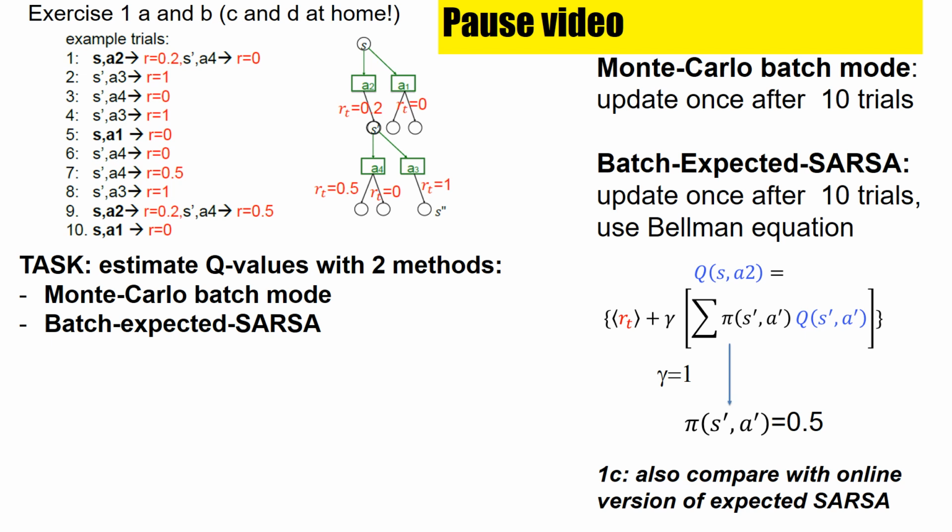So we have these 10 trials, and you should compare two methods. The first method is Monte-Carlo batch. You update once after 10 trials with a total return. And the second one is batch expected SARSA, in which case you use the Bellman equation working upward, starting at the terminal state, working upwards in the graph.